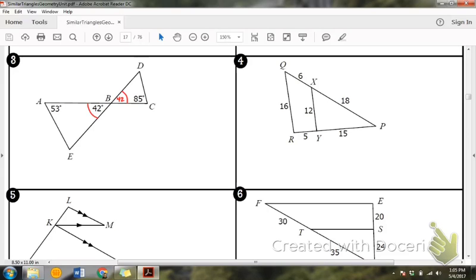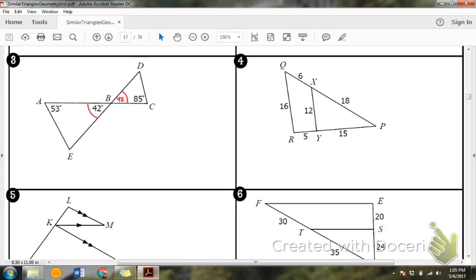Okay, and now I need to find that missing angle. 53 and 85 don't match up, but each of those triangles has a missing angle, right? So I need to figure out how much that missing angle is in each of them. So I can add them up and take them from 180 to figure out how much they are.